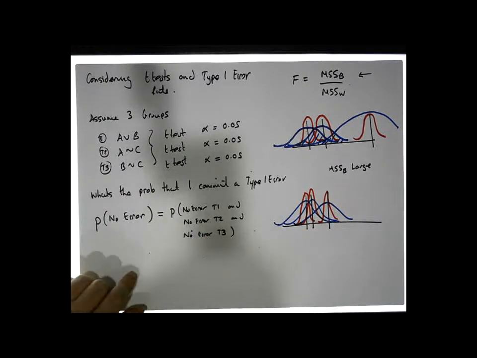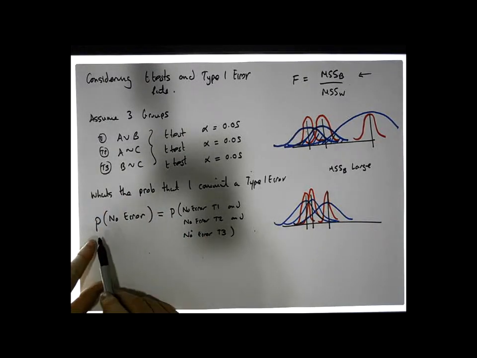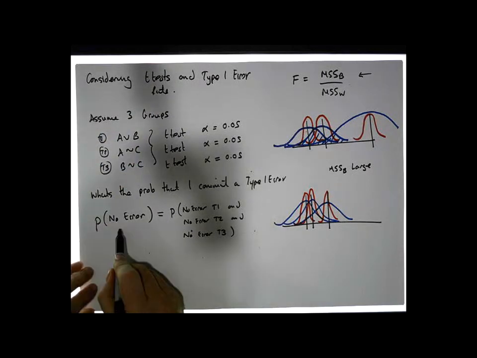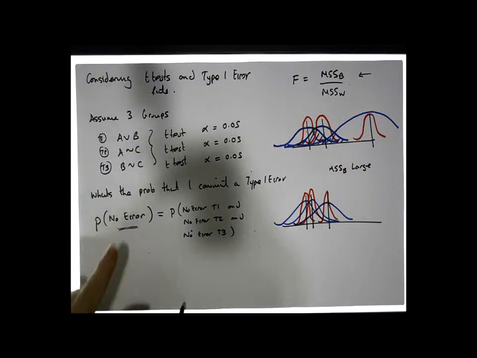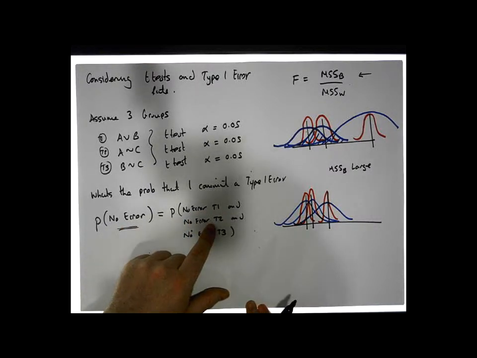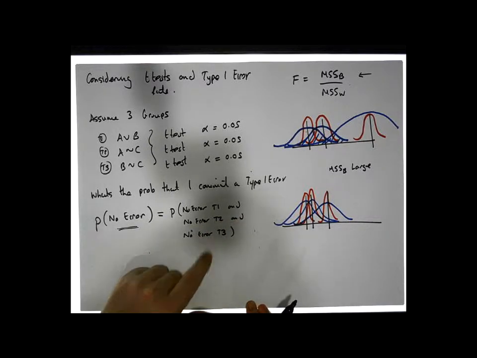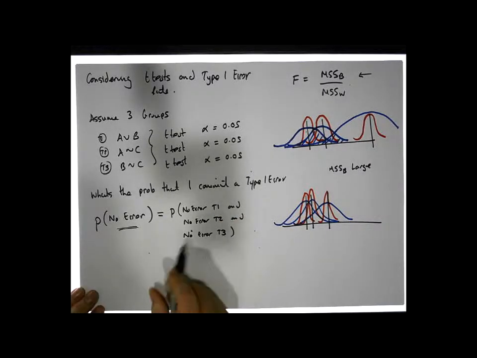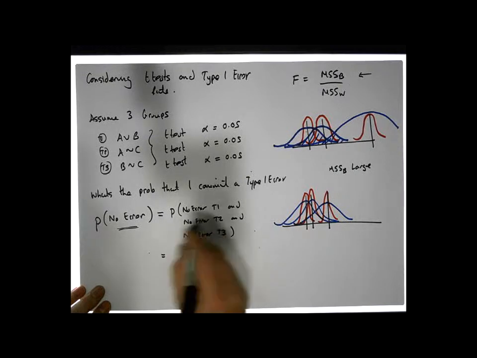For me not to commit any error, I mustn't commit an error with test 1, and there mustn't be one with test 2, and there mustn't be one with test 3. Now, these are all independent of each other, so we have the product of the individual probabilities.